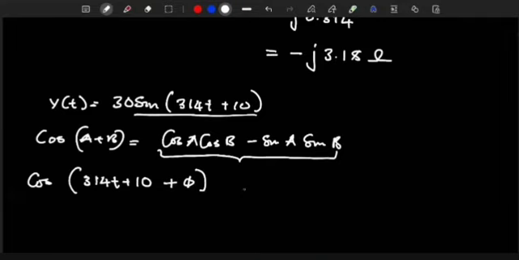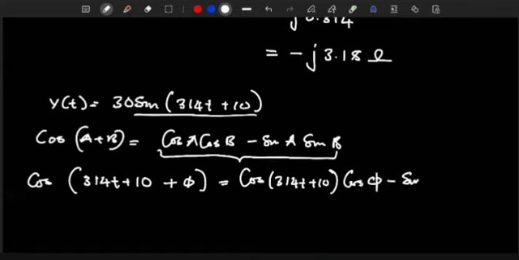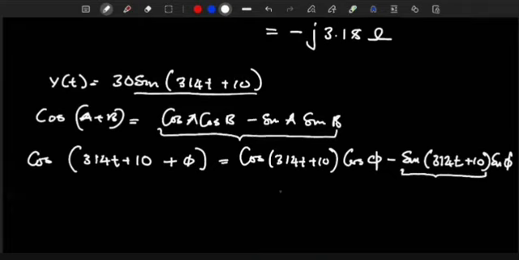Initially it's cos of (314t plus 10) times cos phi, minus sine of (314t plus 10) times sine phi. But we only want the sine term to remain, meaning the first part must be 0.